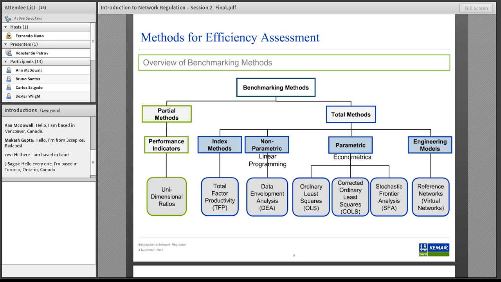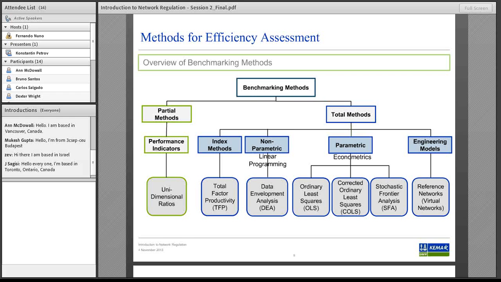These input factors are then normalized against selected output variables, which could be gigawatt hours distributed, network length, or other variables on the output side of the production process. They provide coefficients which can be easily compared. It's very easy to use this technique mathematically because it is a simple calculation, simple ratios.